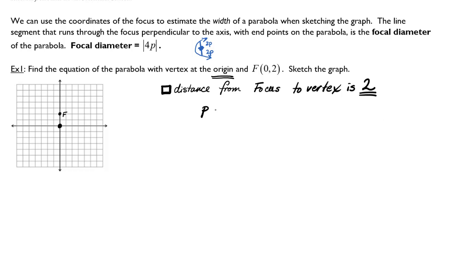So P equals 2. And I'm just going to highlight that right here. That also means that my directrix is going to be on the other side. So there's my directrix, meaning the horizontal line opposite the parabola.